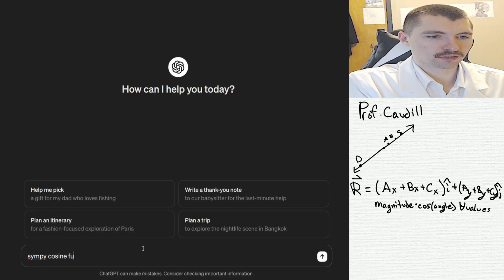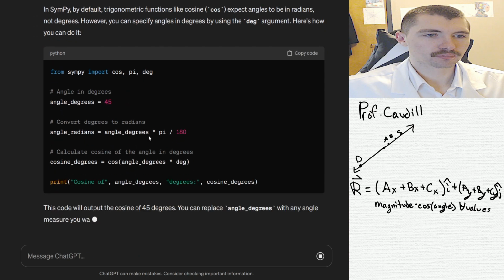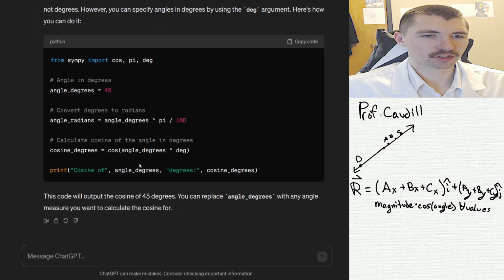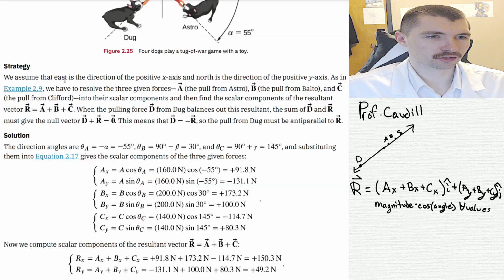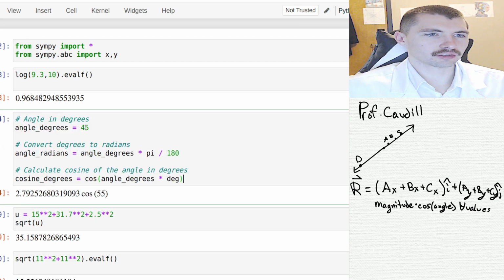Specify cosine function, specify... so we've already done something similar to that. I just wish it was kind of built in. I guess we can copy some of this. So what's our angle? Negative 55.